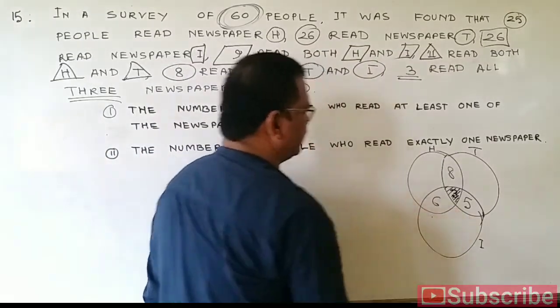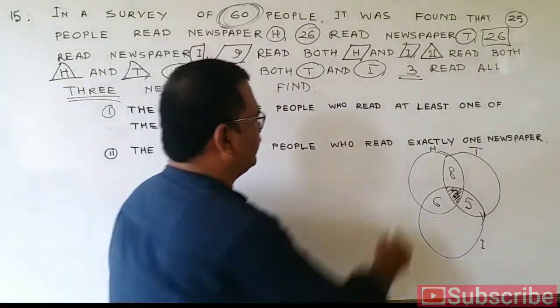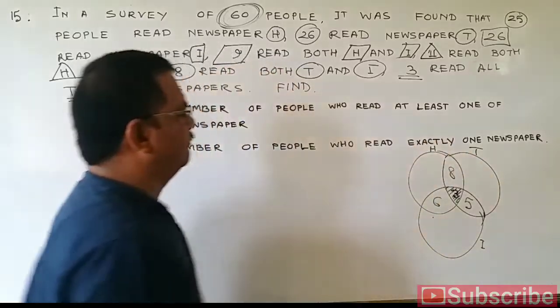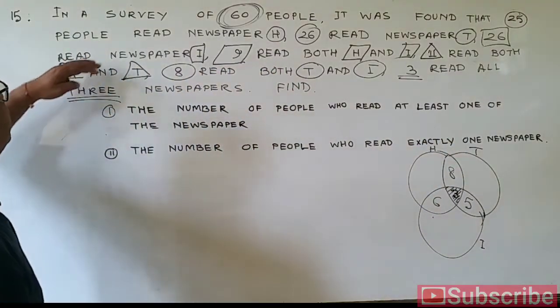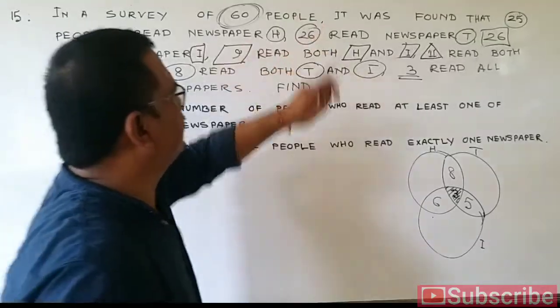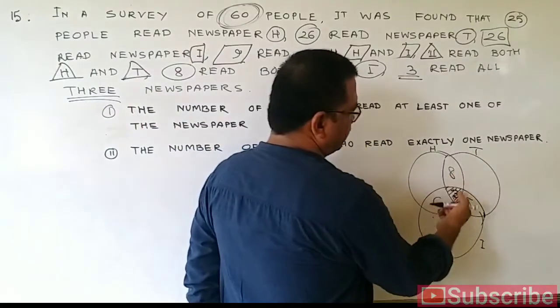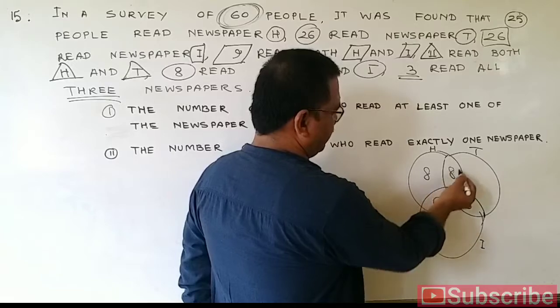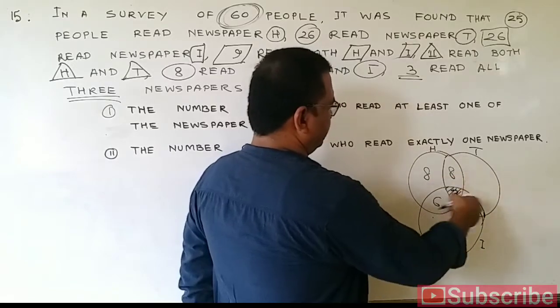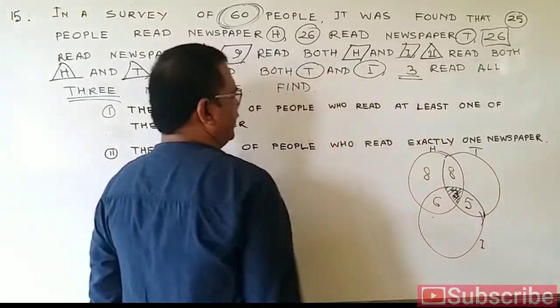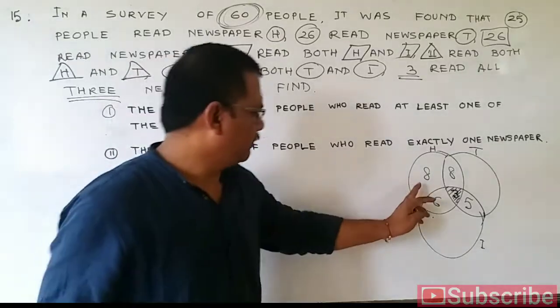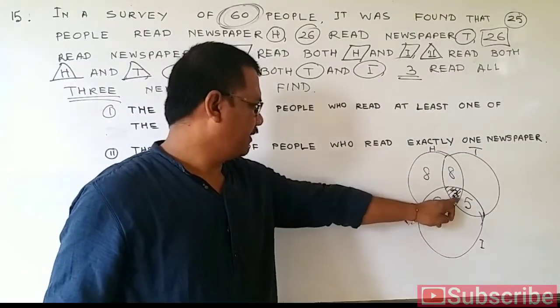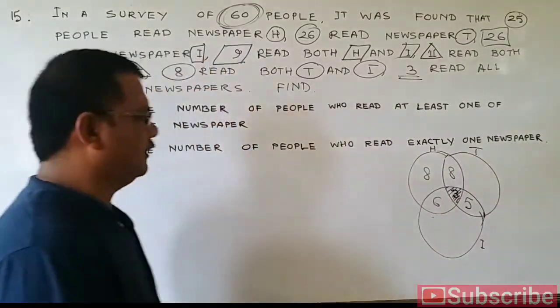Here it is 6. Now, people who read paper H, how many people are here? Newspaper H, 25. So 8 plus 3, 11, plus 6, 17, plus 8, 25. These are the persons who read paper H, meaning 25 people. Got it?